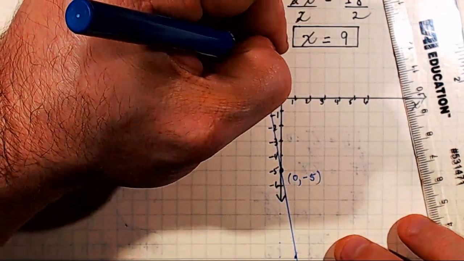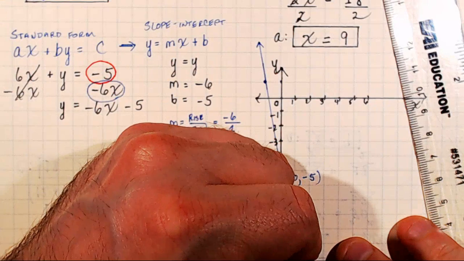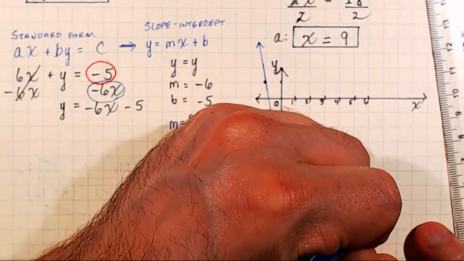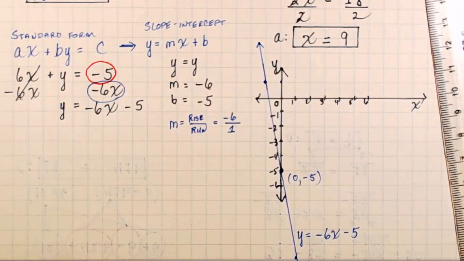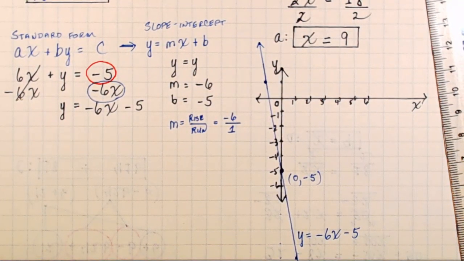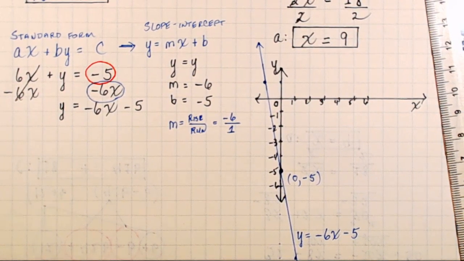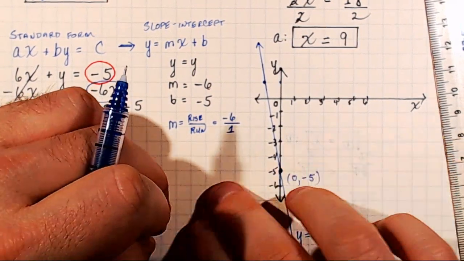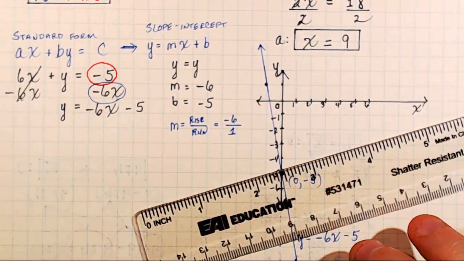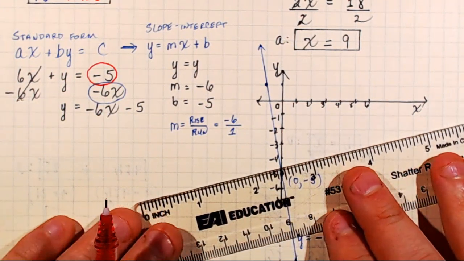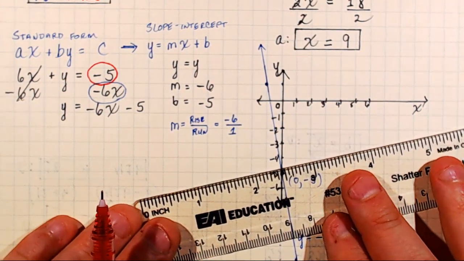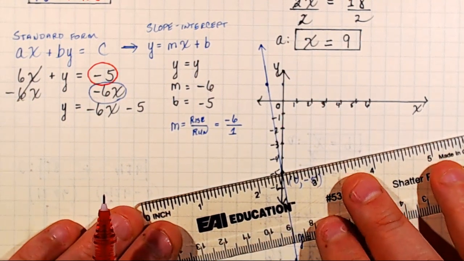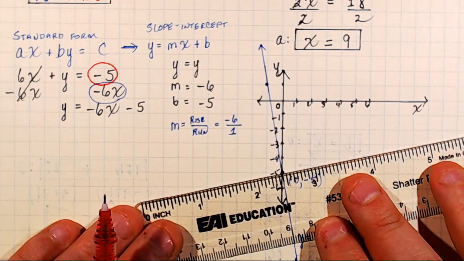Okay, so this equation that we just graphed is y equals -6x minus 5. Okay, so if I wanted to find the equation of a line that was perpendicular to this line, what I would be trying to find is the equation of a line that kind of looks something like this.